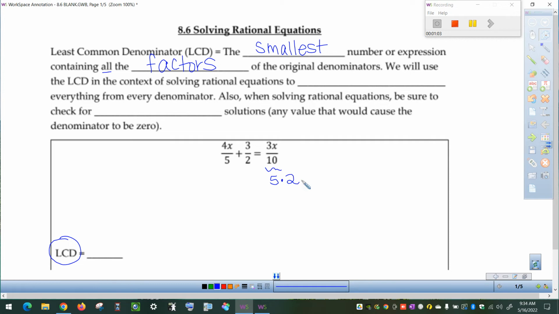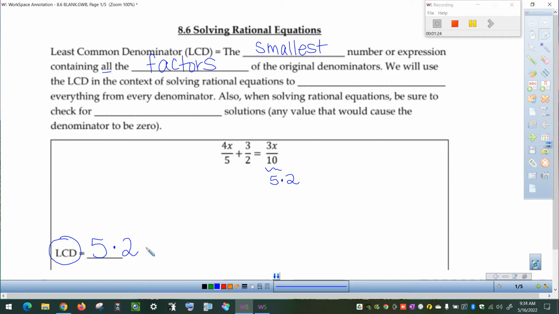Notice that the most number of 5s that a single denominator has is one 5, so we're going to put one 5 in the LCD. And the most number of 2s that a single denominator has is one 2, so we're also going to have a 2 in the LCD. That contains all of the factors that were in our original denominators.